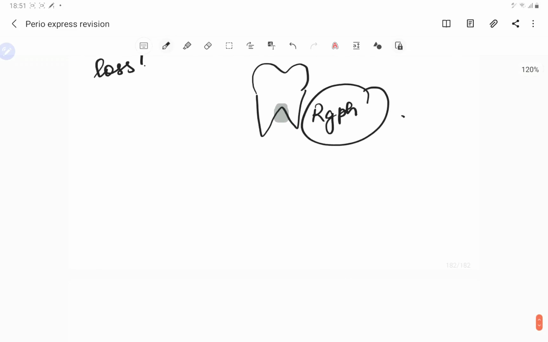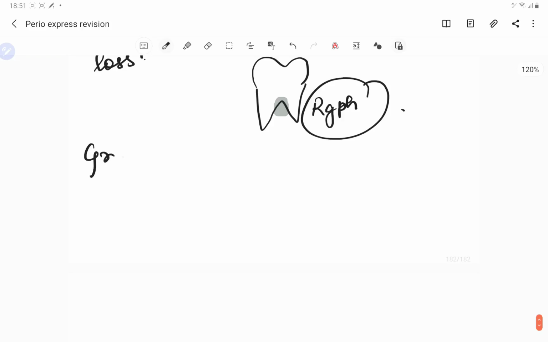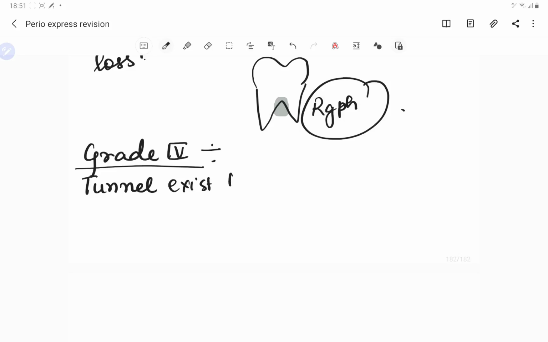So guys, talking about the grade 4 of the Glickman classification, which is a loss of the attachment, you will see also the gingival recession. So there is a tunnel which exists between both of the roots. So there is a recession.